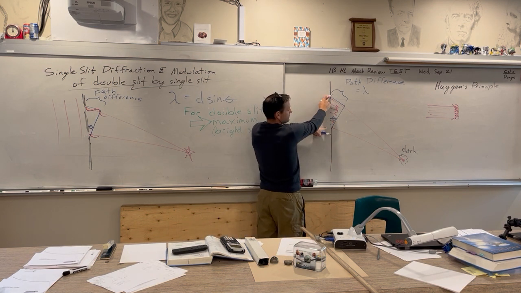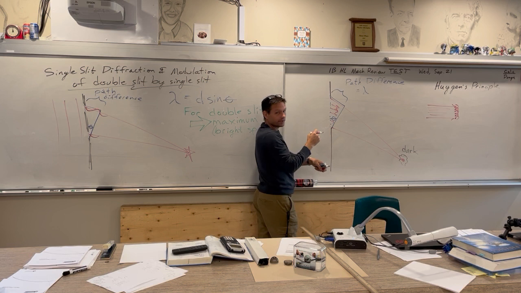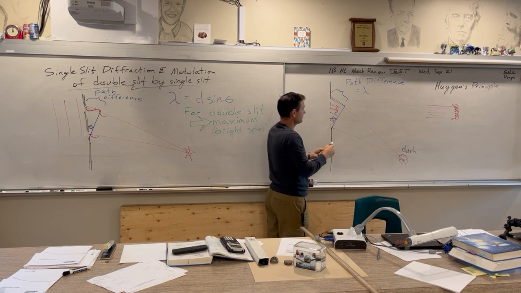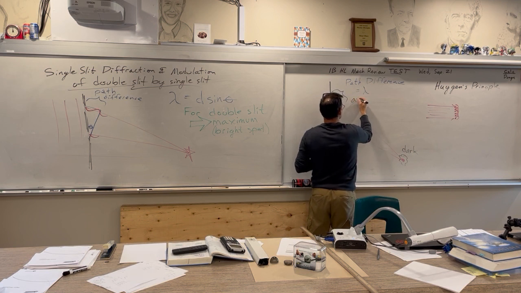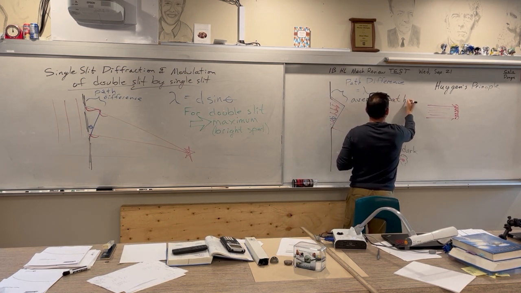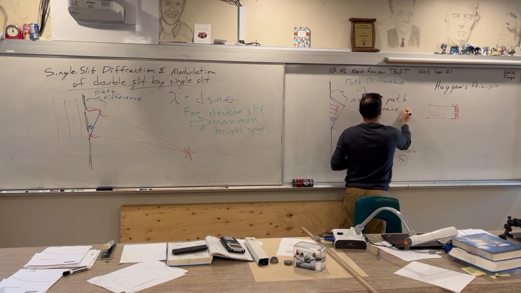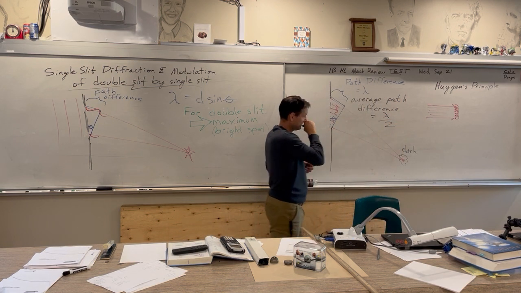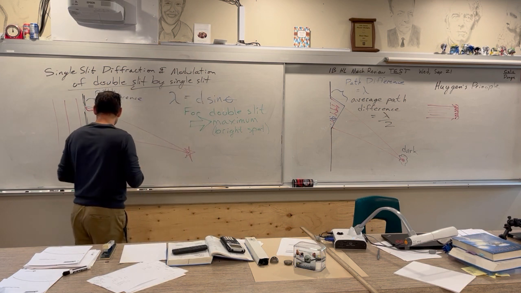From here to the end is lambda, but from here to the middle is half lambda, and from the middle to the end is half lambda. And so your average path difference here becomes lambda over 2. And so that's why you get a dark spot.